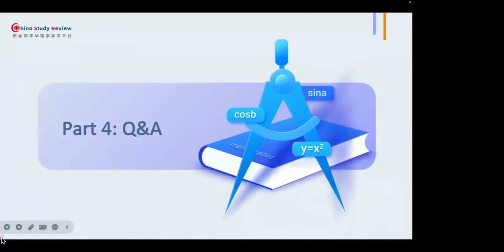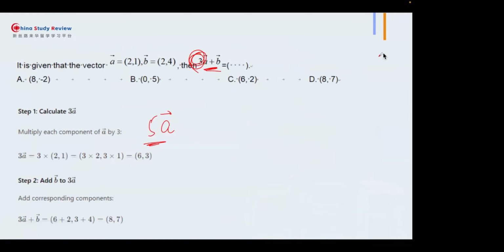The last part is question and answer, and also, as it was suggested by your tutor, I could try to choose some lucky boy and girl to try to solve the question together. So any volunteer who wants to solve the question, or you have any question? It's a good chance to communicate with the teacher.